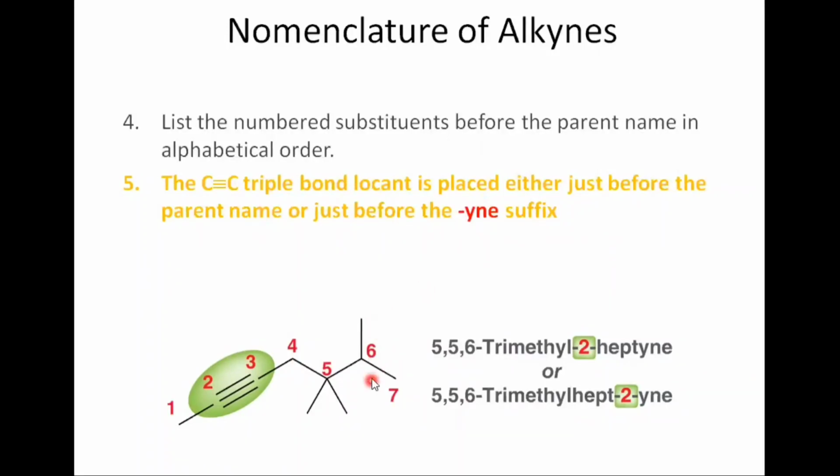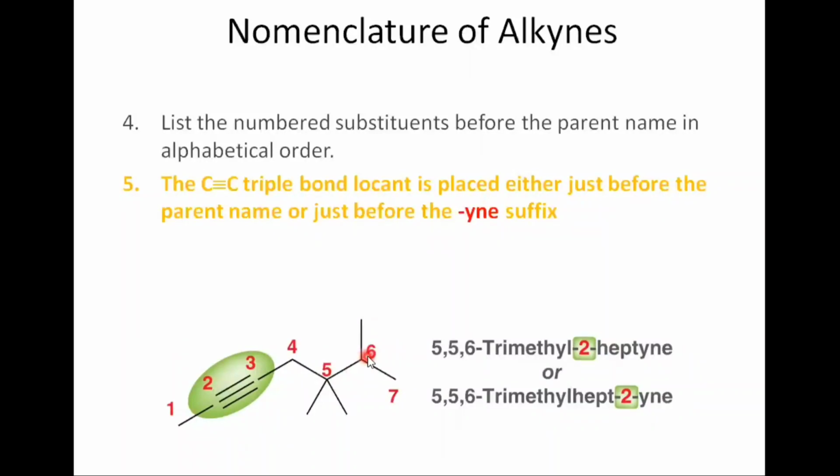For example, here is a compound. The longest chain contains 7 carbons, so it must be a heptyne. It contains substituents: methyl, 2 methyls on carbon number 5 and 1 methyl on carbon number 6.